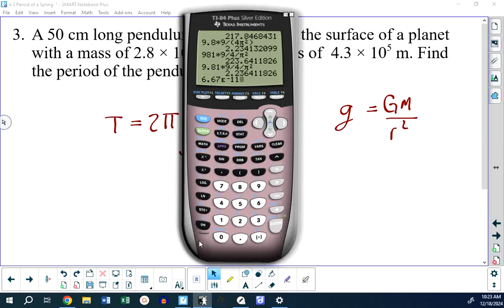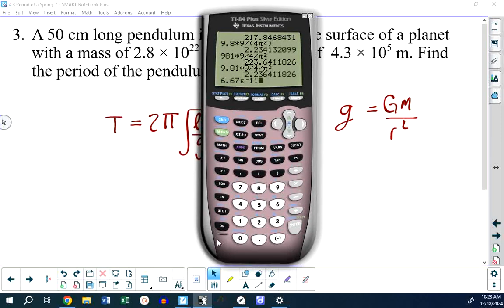Times the mass of the planet, 2.8 multiplied by 10 to the 22, divided by the radius squared, which is 4.3 multiplied by 10 to the 5 squared. I'll just step back and look at my entries, make sure they're right. Looks okay. We're pretty close to Earth, isn't it?